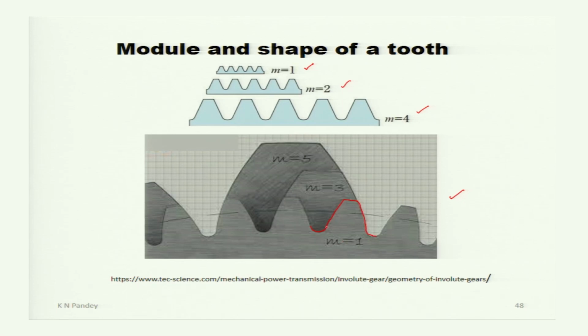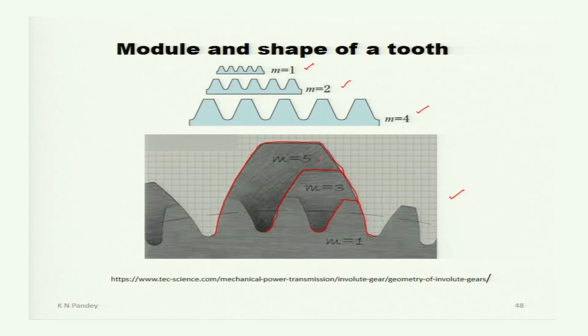Now, when we increase it to 3, then it becomes this. You see how much large it is in comparison to 1. Now, again if we increase it to 5, then the gear tooth shape, just see the relative dimensions.